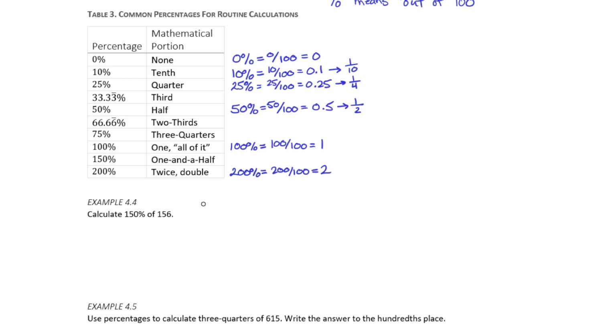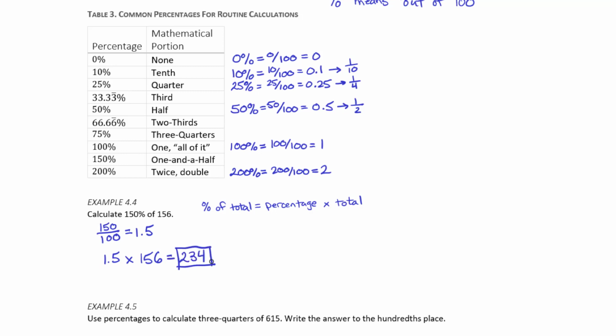When calculating a percent of a total, you're going to multiply the percentage expressed mathematically times the total. 150% is 1.5. Expressed as a percentage, we've got 150 divided by 100, right? Because that's what 150% means, which equals 1.5. So to calculate 150% of 156, we multiply 1.5 times 156, and we get 234.